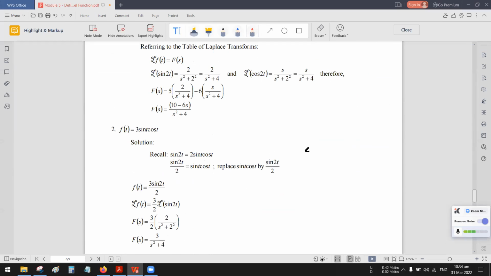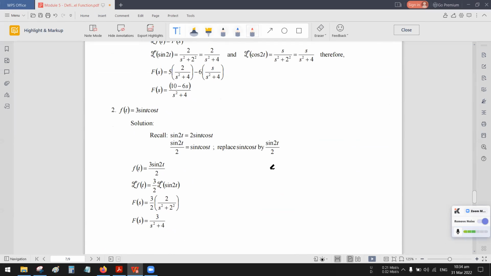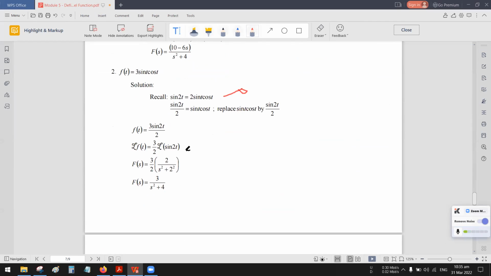For the second example, so the same lang din. So don't forget your trigonometric identities for this case. Here we use the double angle identity. Dito. Ito. Trigonometric identities. Then here we apply theorem 1 dito.